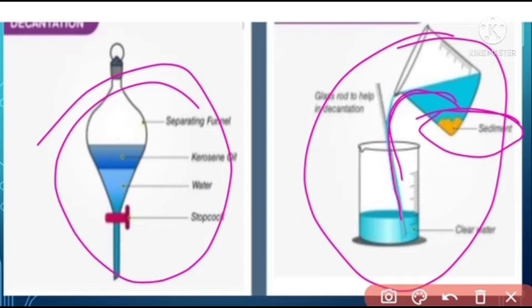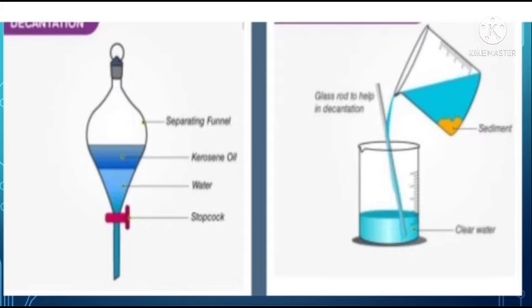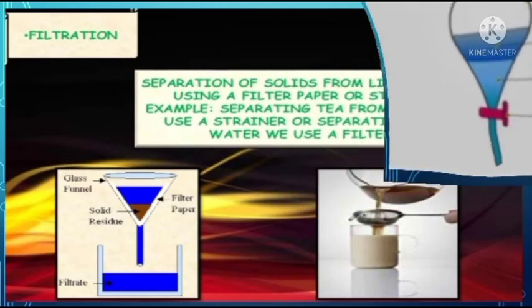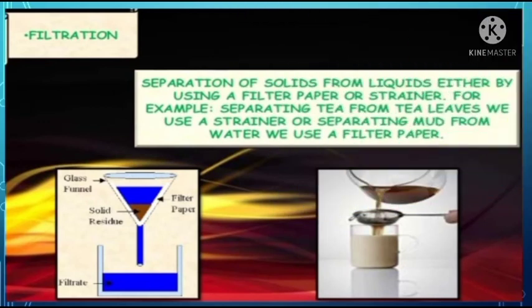The pure liquid is collected in another empty beaker. The sediment or dust particles settle near the bottom. So this is called the decantation method. Here a glass rod helps in decantation. This method is called the separating funnel method. So next one, the filtration method.